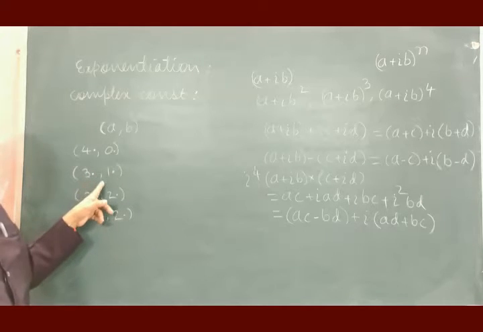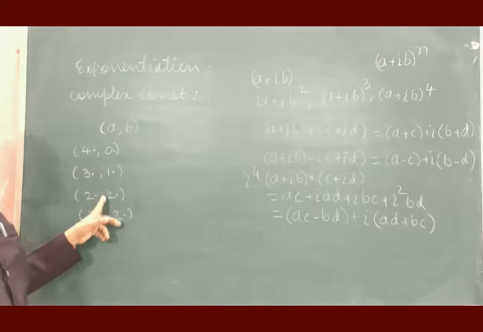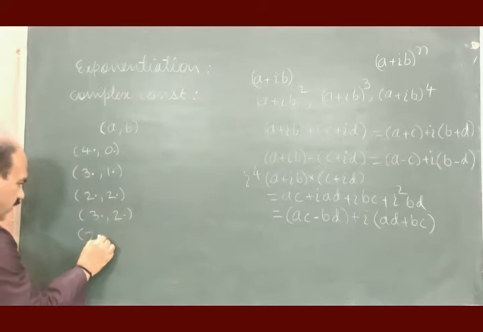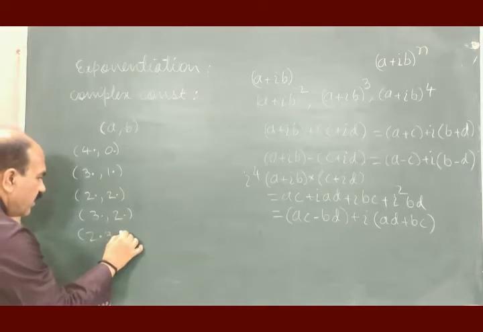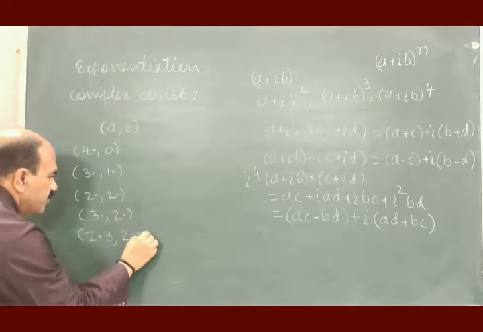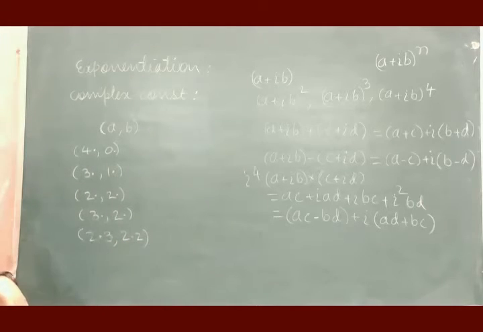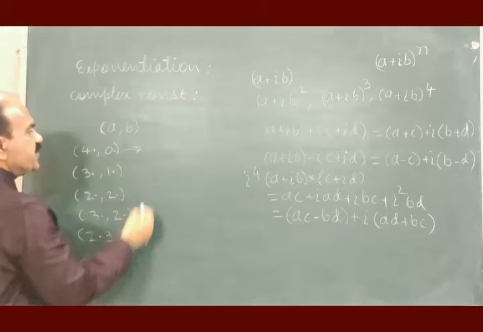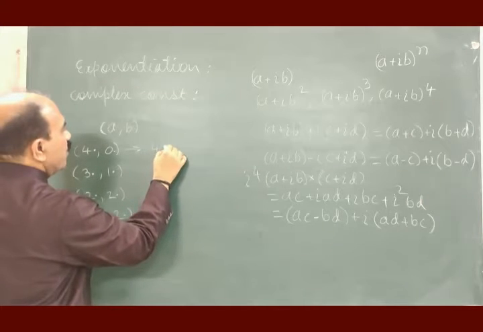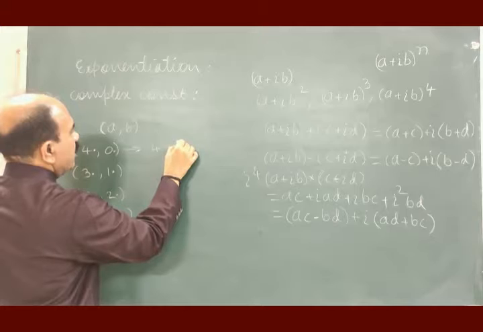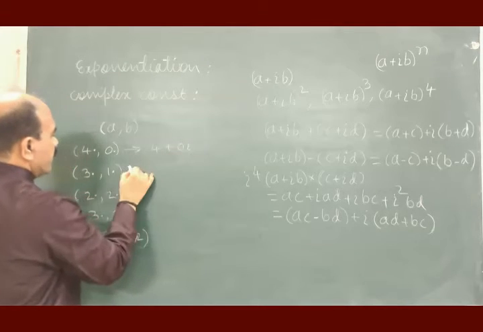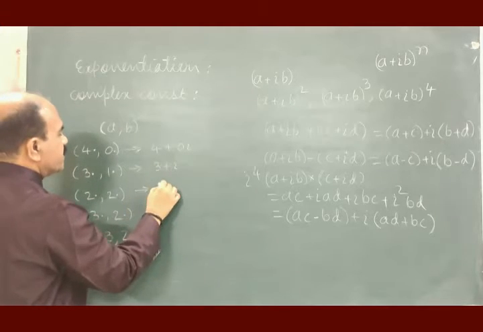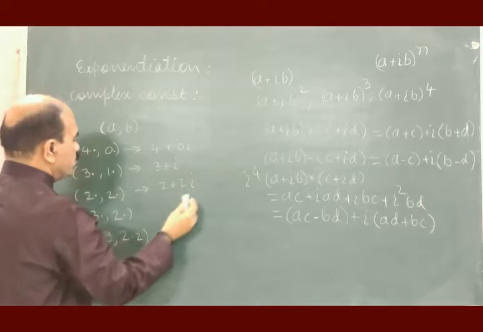3 decimal comma 1 decimal, 2 decimal comma 2 decimal, 3 decimal comma 2 decimal, 2.3 decimal comma 2.2 decimal, and so on. When I represent data this way in Fortran, this is considered as 4 plus 0i. This is considered as 3 plus i. This is considered as 2 plus 2i.